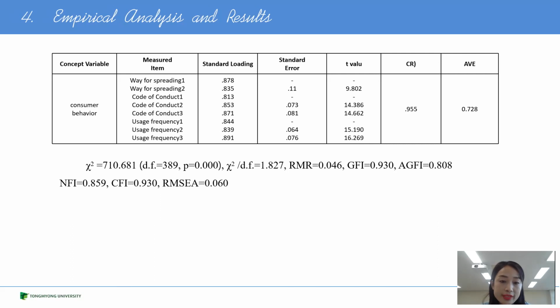According to the above table, in the research model CMIN/DF, NFI, IFI, and other model adaptation indicators meet the standard. Hence, the model adaptation degree is very good.